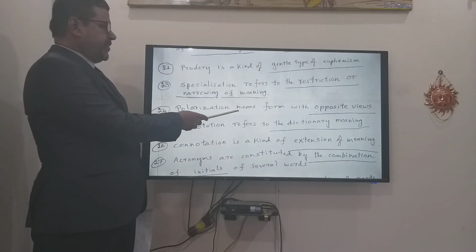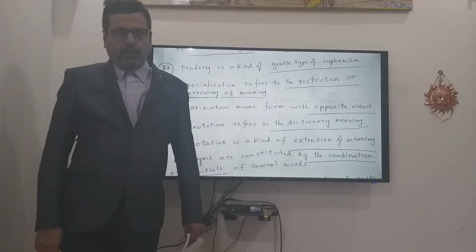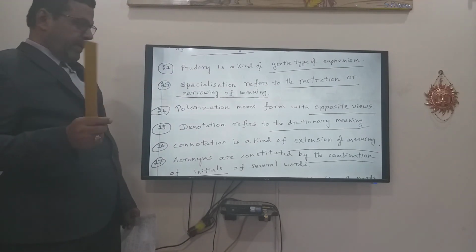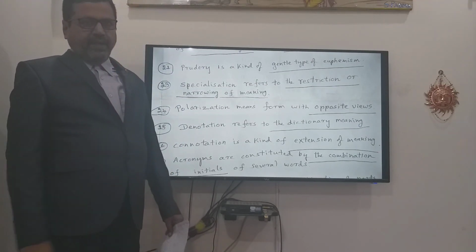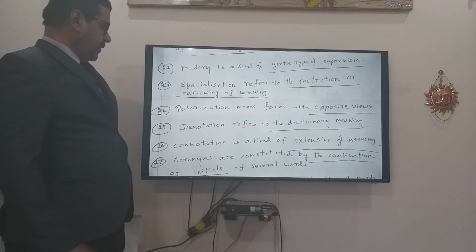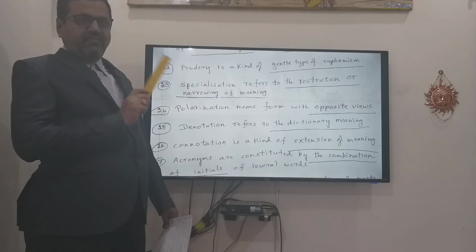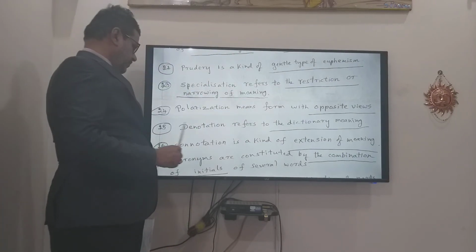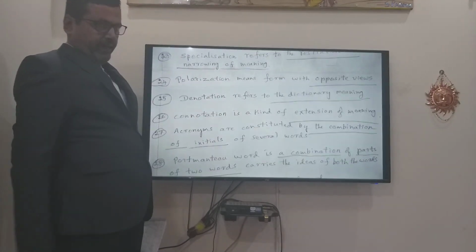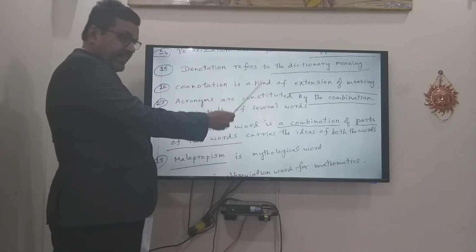Polarization means forming opposite views, like bipolar, North Pole, South Pole, two opposite words. Examples I gave you when I taught the lecture, you can remember. As far as one word questions, I am only explaining the keywords. So it is the opposite views. Denotation, next, refers to the dictionary meaning, don't forget. Next, connotation is a kind of extension of meaning.